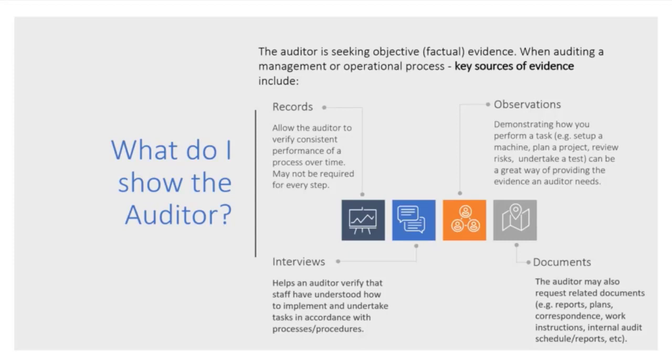So when there's auditing taking place around management or operational processes, there are a number of key areas of evidence that an auditor is going to look for. The first thing they're going to be looking for is records. They're going to ask to see and be able to verify consistent performance across processes, procedures, and work instructions.